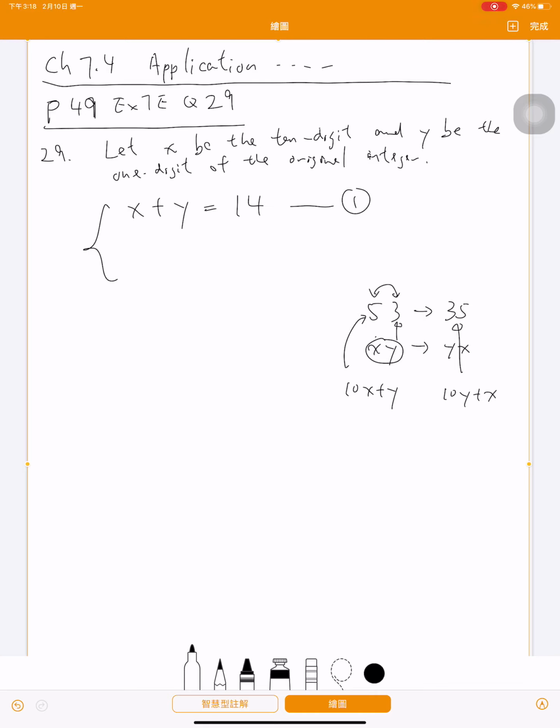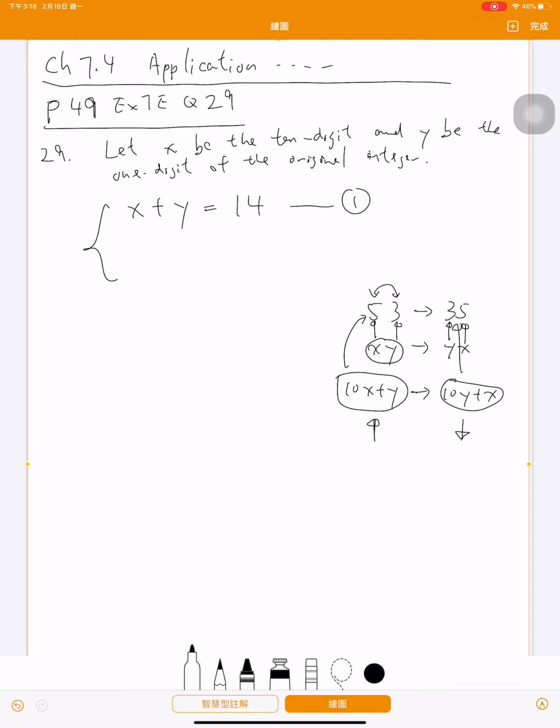This one is y, this one is x. From 10x plus y, changing to 10y plus x, the value will decrease by 18. That means this one is bigger, this one is smaller, right?